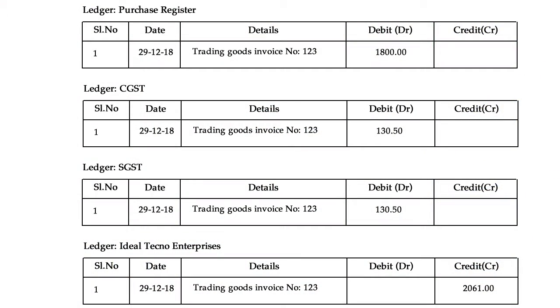So the purchase register or ledger will be debited by 1800 rupees, and as you can see here clearly, CGST is 130 rupees 50 paisa and SGST is also 130 rupees 50 paisa, as these are within-the-state transactions. So only CGST and SGST is applicable.